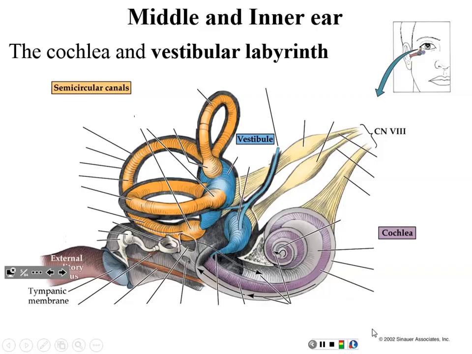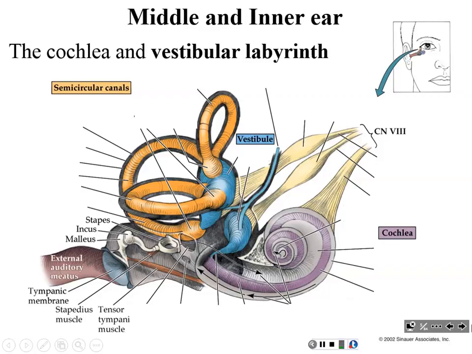We already looked at part of this in last class. The external auditory canal receives and amplifies the sound that impacts on the tympanic membrane. The tympanic membrane then translates that wave of sound into the malleus, the incus, and the stapes. And the stapes sits on top of the oval window.